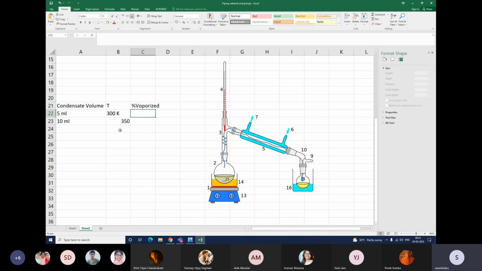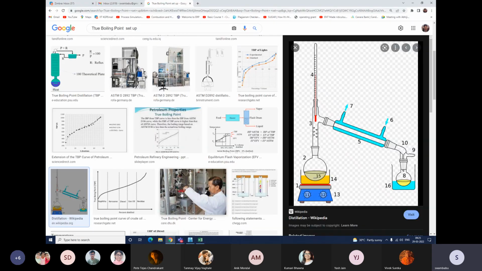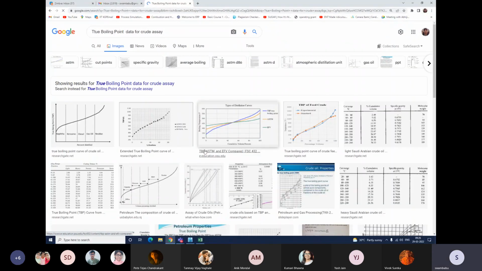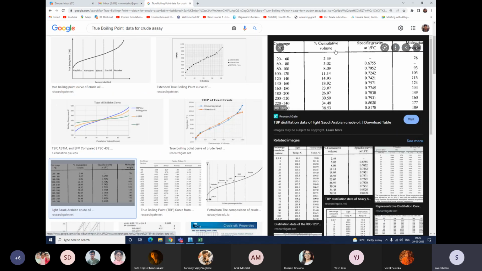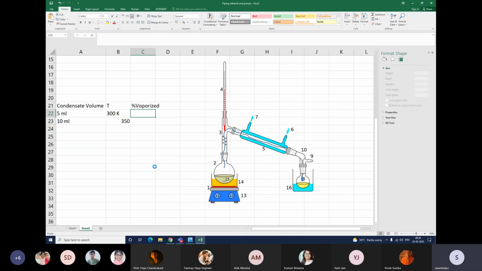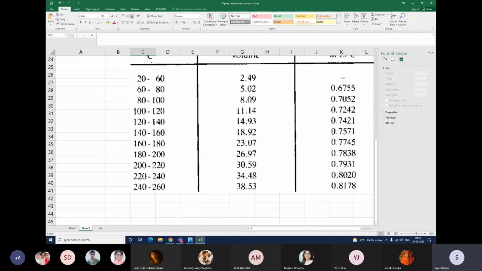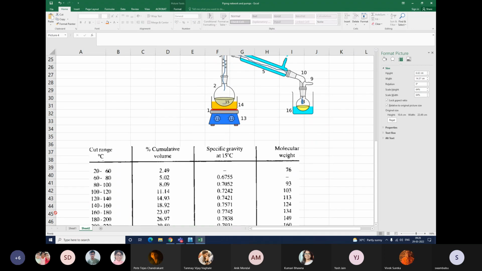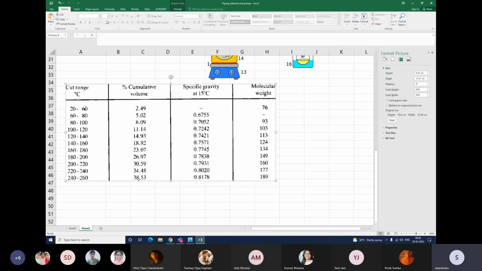So if you plot a graph, let's take typical TBP true boiling point data for a crude assay. This is typical TBP data, with cumulative volume collected. Let's copy this and see here.